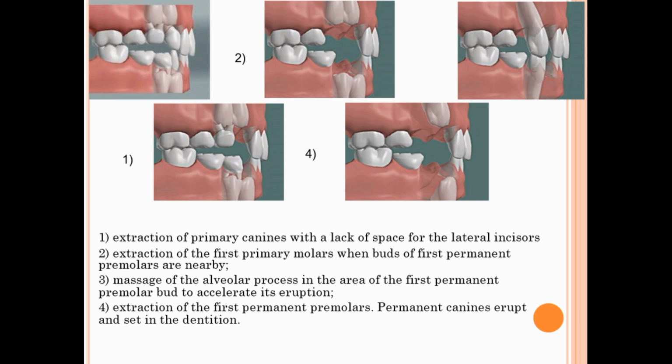With a neutral ratio of the dentition, a consistent extraction of teeth on the upper and lower jaws is indicated. With distal occlusion on the upper jaw and patients with mesial occlusion on the lower jaw.